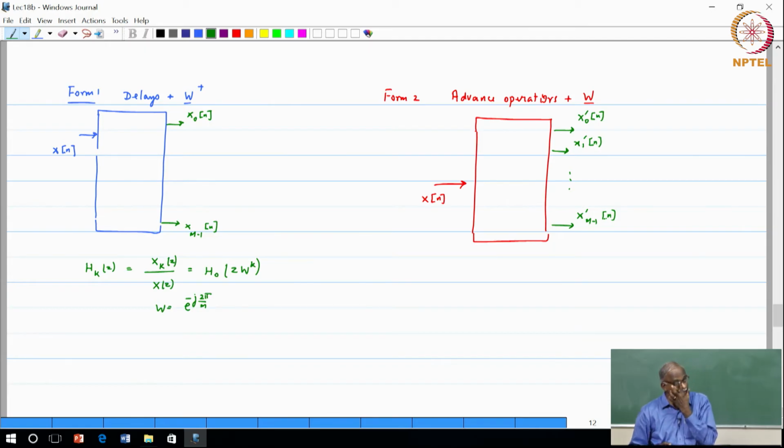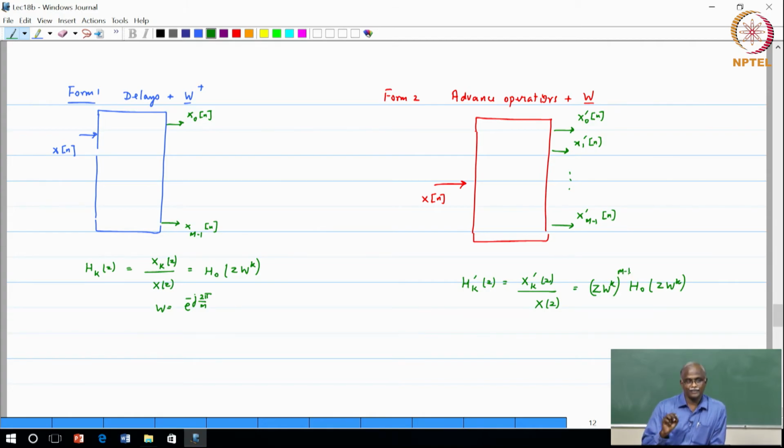As in the previous case, I am interested in the transfer function H_k prime of z equals X_k prime of z divided by X of z. Can you tell me what this transfer function is? It is H_0 of z W^k, z W^k raised to the power of M minus 1. You can look at the expressions and derive that.